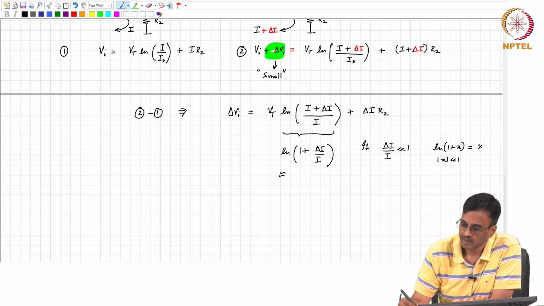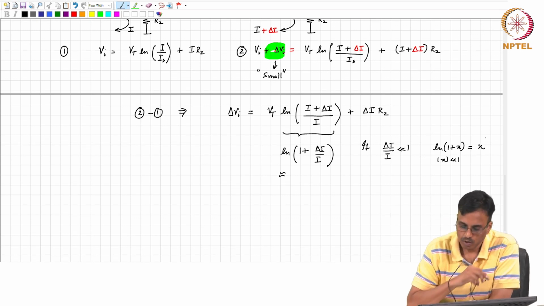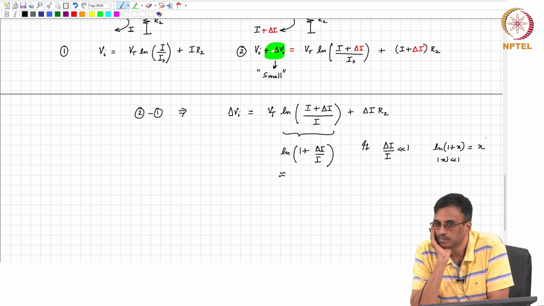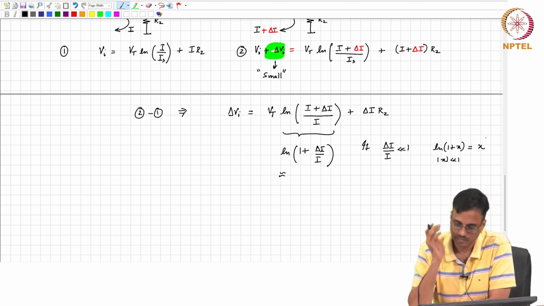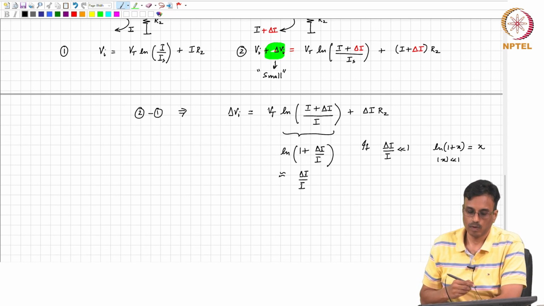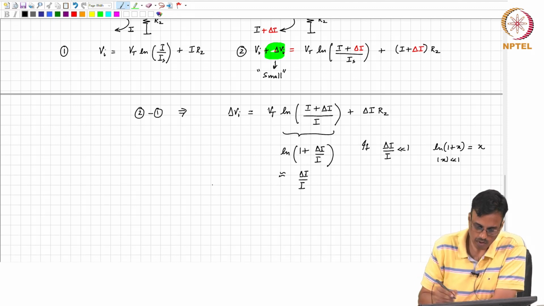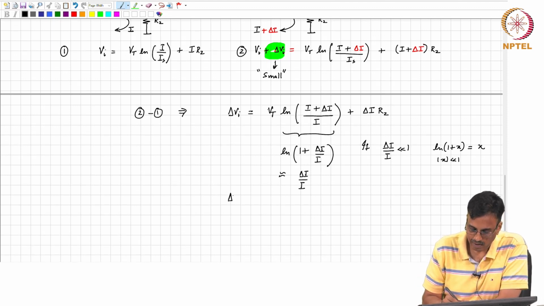Yes, no? All right. So the ln of 1 plus delta I by I is delta I by I. Now what does this equation reduce to? So 2 minus 1 gives you delta Vi is Vt delta I by I plus R2 times delta I.